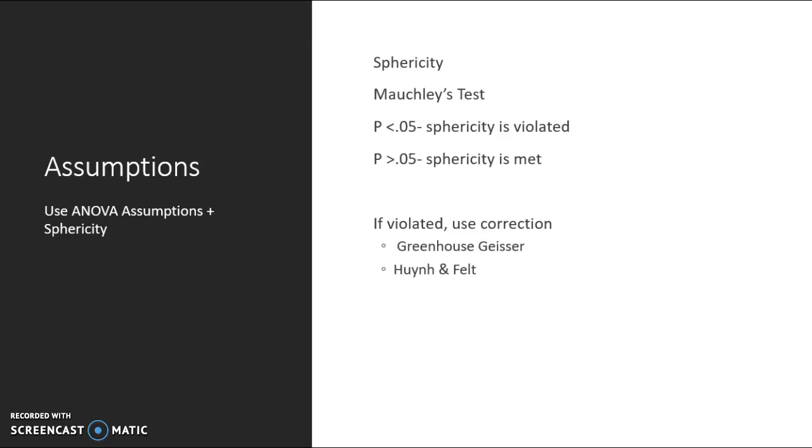So we essentially want it to be met. If it's violated, you use a correction. You can use Greenhouse-Geisser, or Huynh-Feldt, or you can also take the mean of the two.